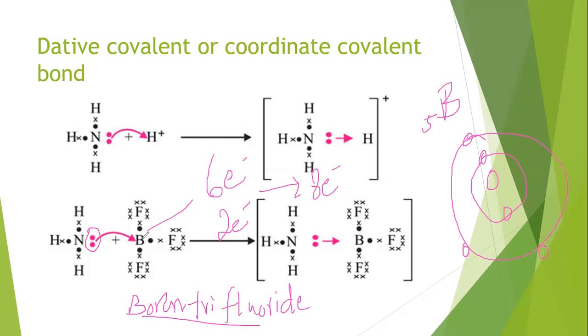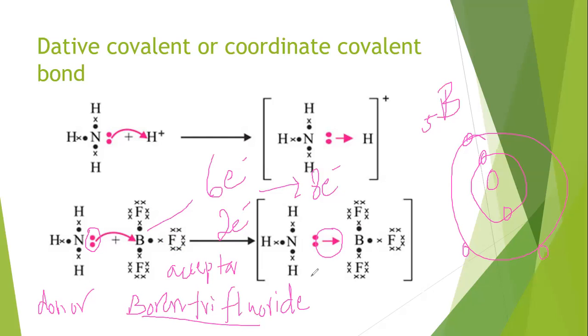By this donation of the lone pair from this donor ammonia to this acceptor boron trifluoride, a coordinate covalent bond will be formed. This arrow represents the coordinate covalent bond between ammonia and boron trifluoride. This bond is also called a dative covalent bond.